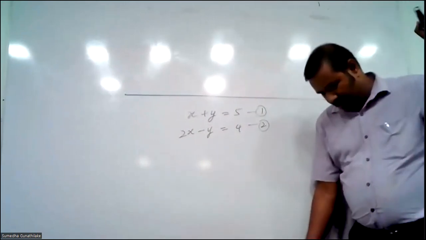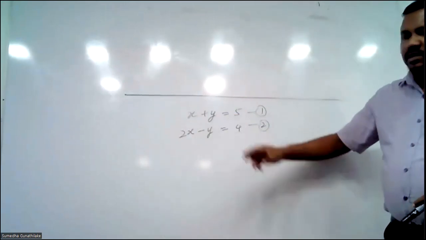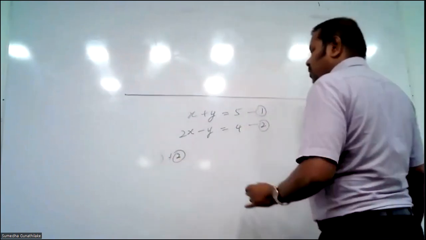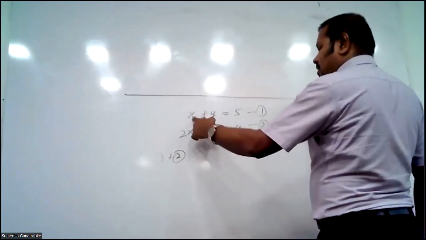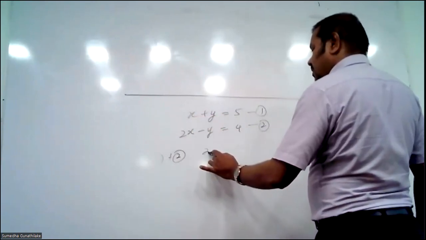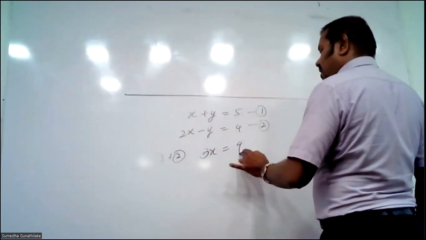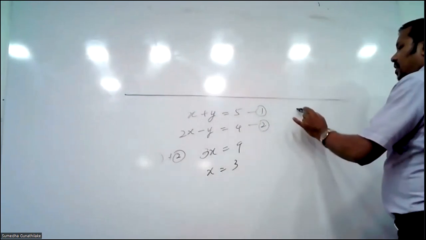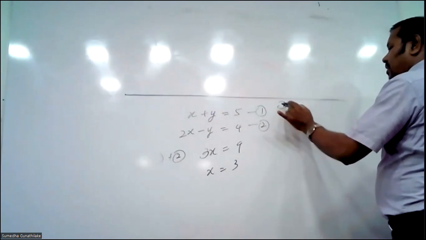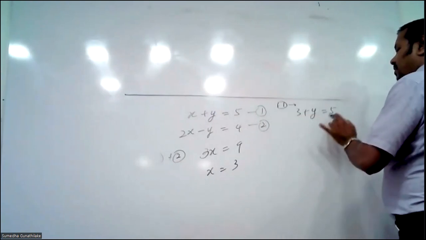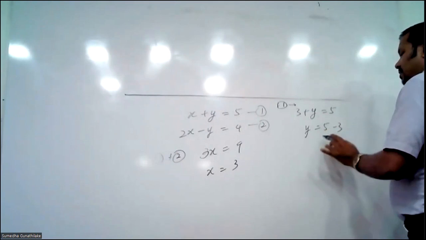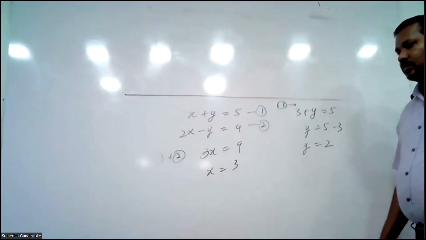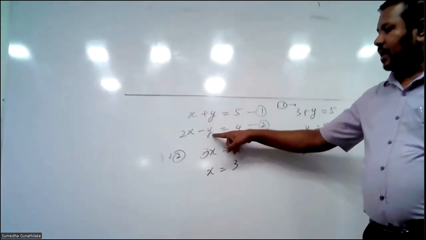Right? You can add these two equations, then the y will cancel easily. You know? 1 plus 2. This will cancel x plus 2x. 4 plus 5, 9. Then x equals 3. 3 plus y equal 5. Y equal 5 minus 3, 2. Right? Then 3x equals 9.